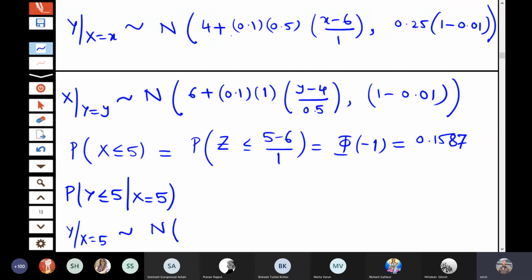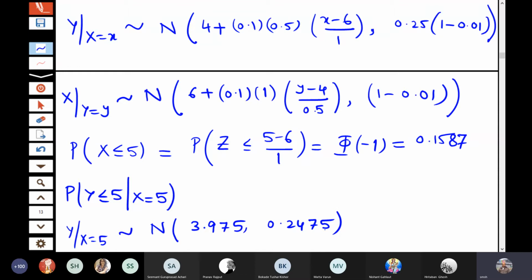So if I put small x equal to 5, that is y given x equal to 5, then you can do this calculation here: 4 plus 0.1 into 0.5 into (5 minus 6) by 1. This becomes a little simplified, 0.05, so it will become 3.975. Similarly, this part you can simplify, that will give me 0.2475.